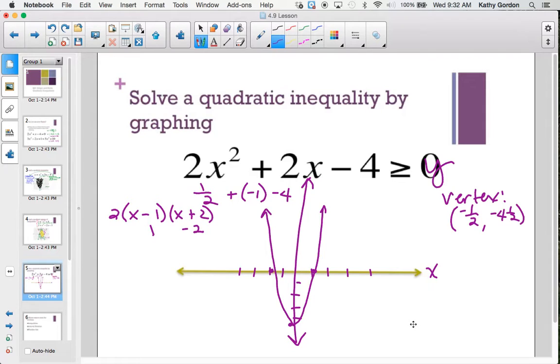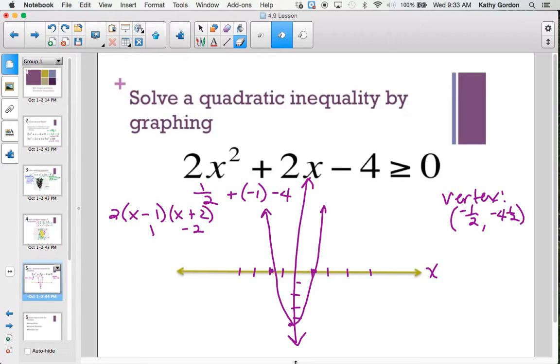And what I want is that the answers to this quadratic, this 2x squared plus 2x minus 4, I need answers that are greater than or equal to that 0 that I started out with. Well, in a 2-coordinate graph, which coordinate represents the answers we get? The y's, right?